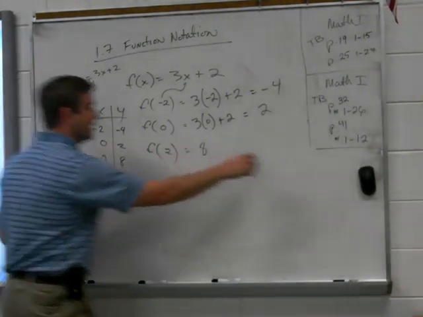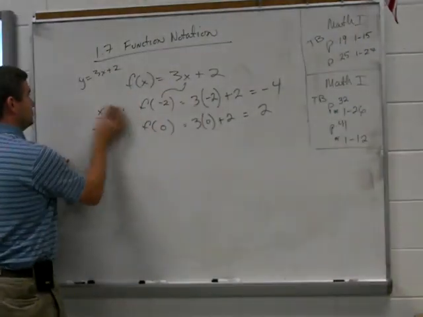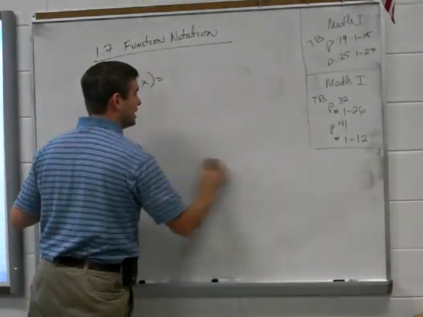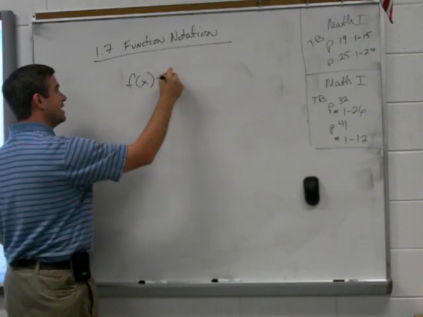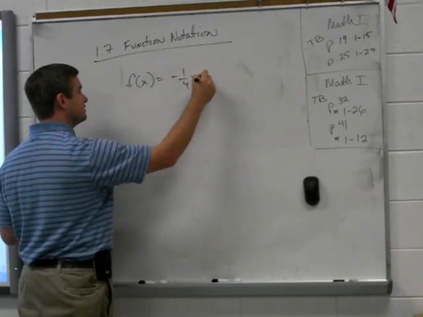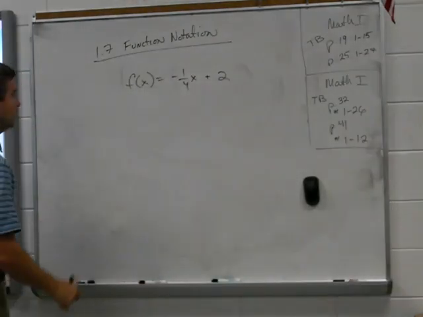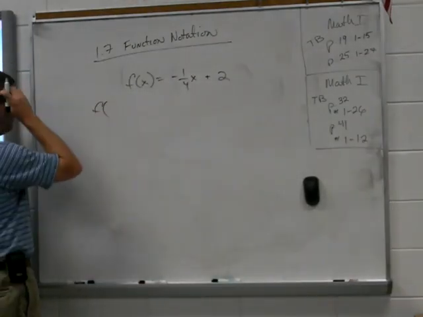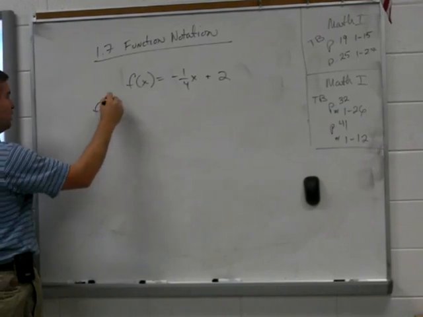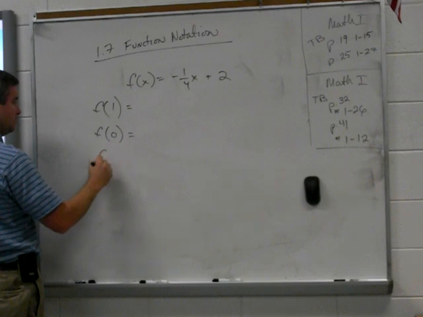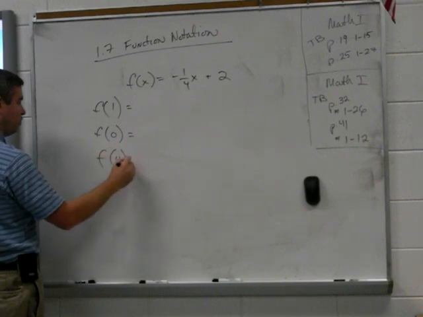Let's do another example. Let me erase this and this. So the function is going to change. I'm going to say f of x equals negative 1/4 x plus 2, and I want to know what f of 1 would equal, f of 0, and f of 4.